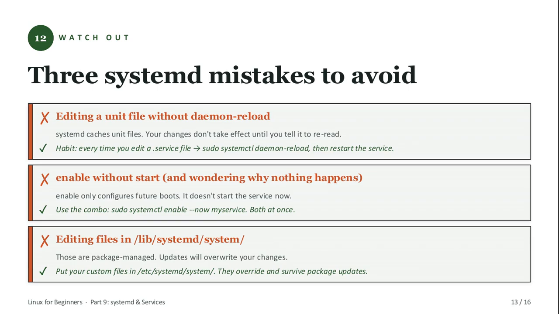It doesn't start it now, so use enable --now to do both in one shot. And third, never edit files under /lib/systemd/system, because the next package update will quietly wipe your changes. Drop your custom units in /etc/systemd/system instead. That's the safe place that overrides defaults and survives updates.